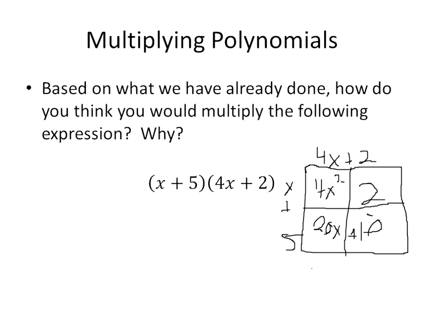So all together, if we multiply that out, what do we get? 4x squared, yeah, plus 22x, because I have to add the 2 places where the x's are, don't I? So you can see that the x's are split in 2 different places, aren't they? Okay? And then plus 10.